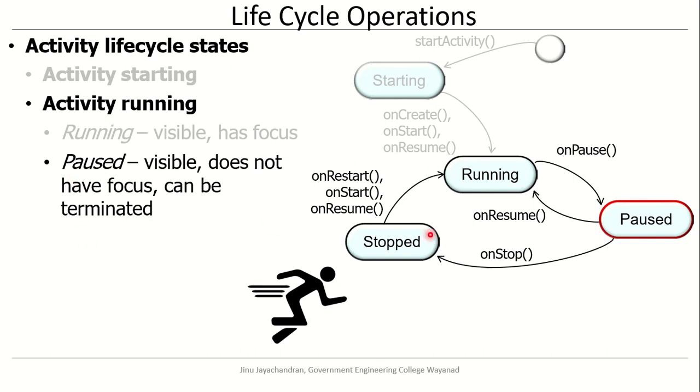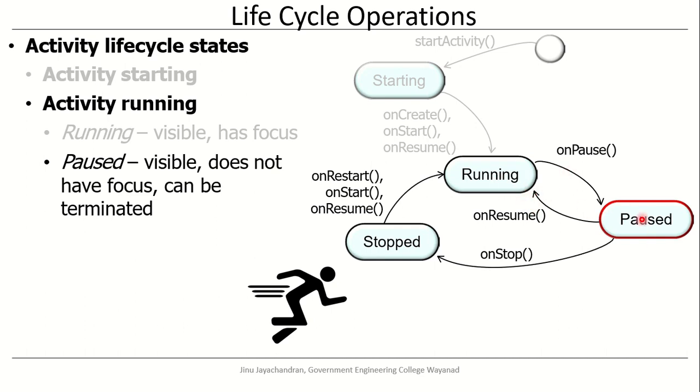And let's say you press the back button, or let's say you have some sharing option in your application. When you click the sharing option, it will show a small window at the bottom with the different sharing options like mail, WhatsApp, etc. Now, although the application is running and it is visible to you, it is out of focus because the focus is now on the list of sharing applications.